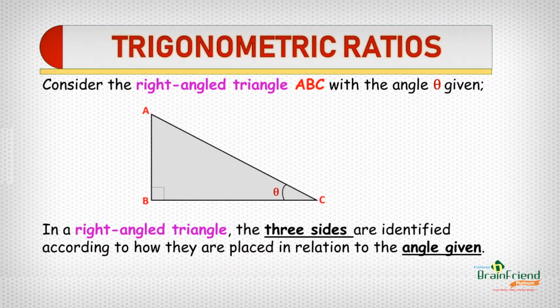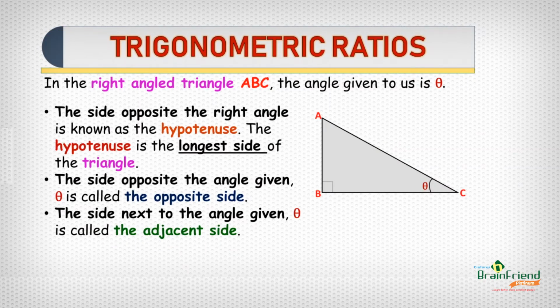Moving on, let's look at this right angle triangle, ABC, with the angle theta. When looking at a right angle triangle, we identify the three sides of the triangle according to how they are placed in relation to the angle given.